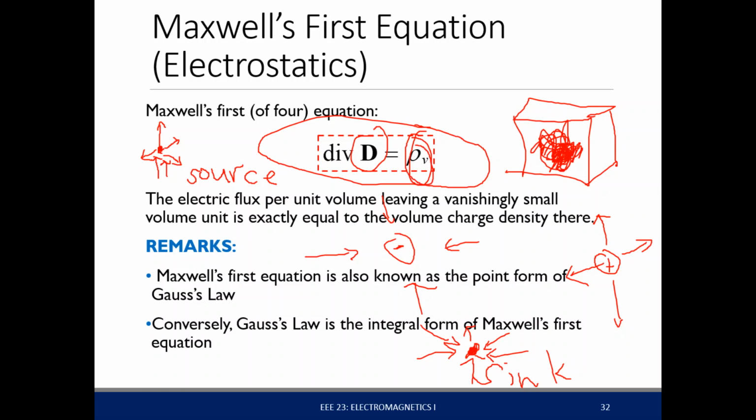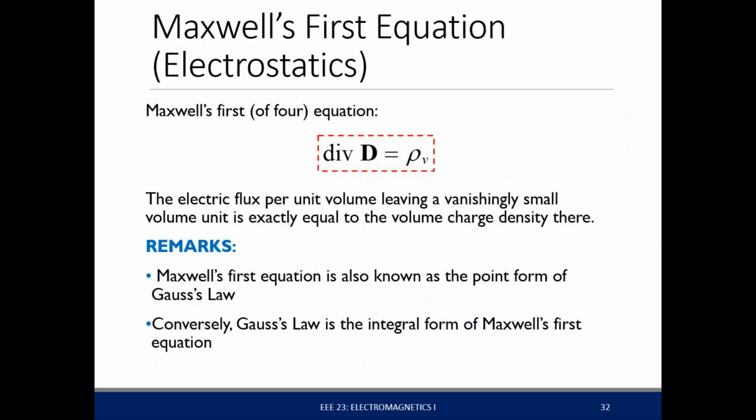That's how you interpret the divergence of a vector field. Some remarks: this is actually Maxwell's first equation, also known as the point form of Gauss' law. Conversely, if we look at the bigger part instead of finer points, Gauss' law is the integral form of this equation, which is Maxwell's first equation.